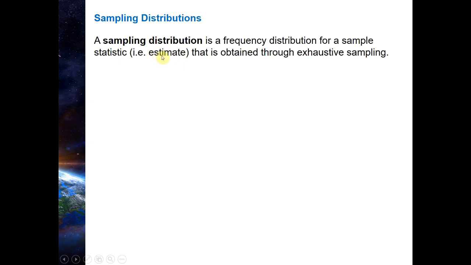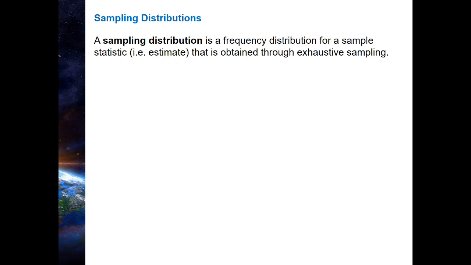It could be X-bar, and then we just plot all the X-bars from exhaustive sampling. It could be standard deviation, it could be S. Then we plot all the S's that we calculated through exhaustive sampling, or variances, S squared. But the key is that you're plotting not raw scores, you're plotting estimates, a sample statistic.